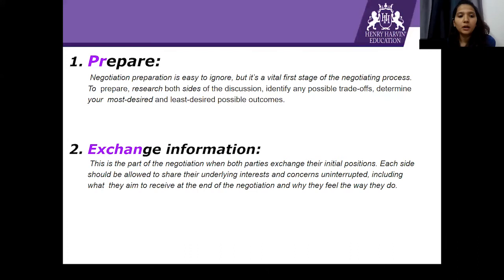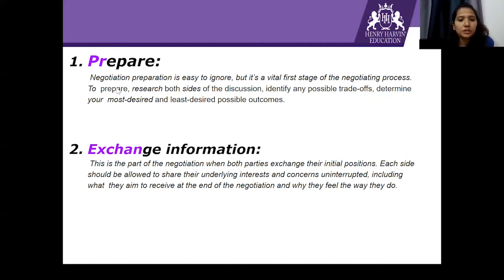So we see this going to be a successful one, providing that we can satisfy them, yet our issues are also being taken into consideration. So identify the possible trade-offs means what could be the alternatives that you could offer to the party to help them agree or to help them be convinced with what you are putting to the table. That should be very crucial in your preparation part.